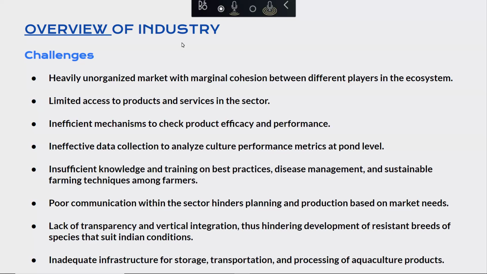Because here the farmers or the hatcheries are not collecting the right information and passing on the information. We don't have any indigenous breeds which perform better or are more resistant to disease in the Indian or local environment.